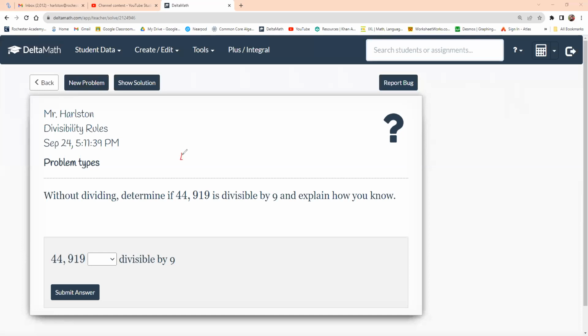So this is 4 plus 4 plus 9 plus 1 plus 9. 4 plus 4 is 8. 8 plus 9 is 17. 17 plus 9 is 26. And 26 plus 1 is 27. So this is 27 again. And just like before, this is definitely divisible by 9.